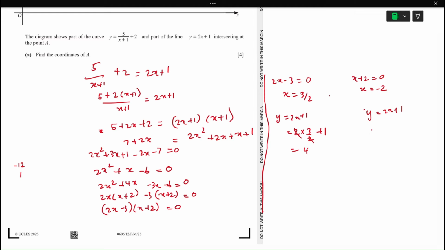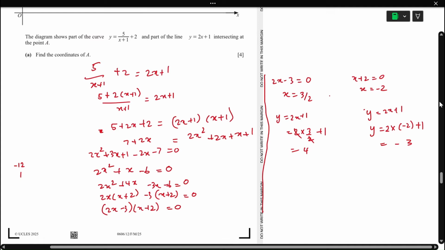Y equal to 2 into -2 plus 1, which is -4 plus 1, so it's -3. So the solutions are, the first solution is 3 by 2 comma 4, and the second one is -2 comma negative 3.